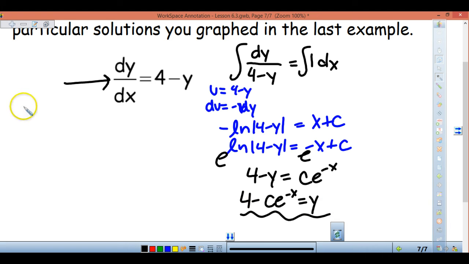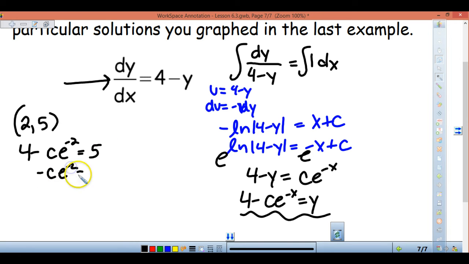So I need to find the particular solution that passes through the point 2, 5. So I go ahead and plug in 2 for x and 5 for y. 5 minus 4 is 1.